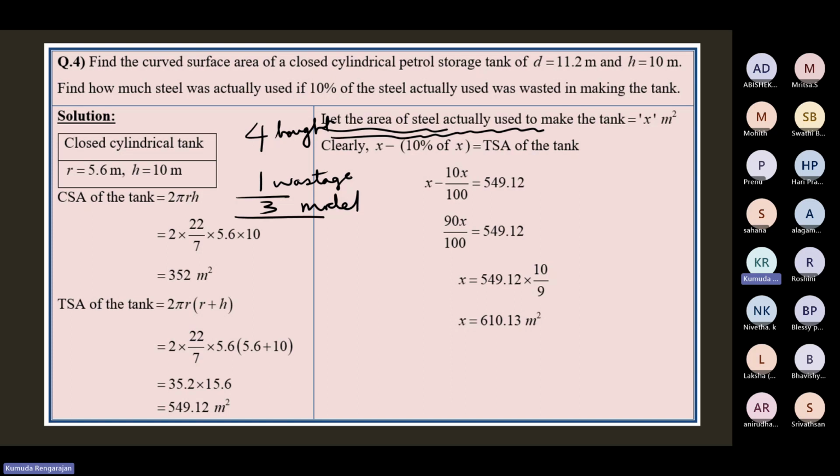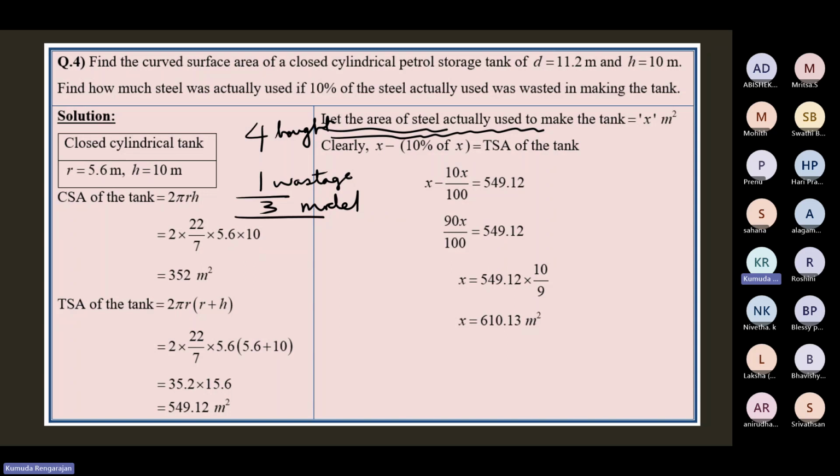Will you say 3 or 4? You will say 4. I used 4 chart papers to make the model. 1 was wasted and the area of 3 papers is now in the model. So you will say 4, not 3.